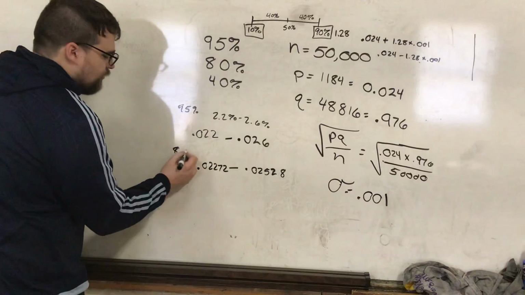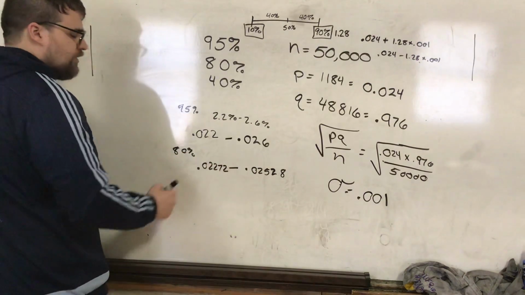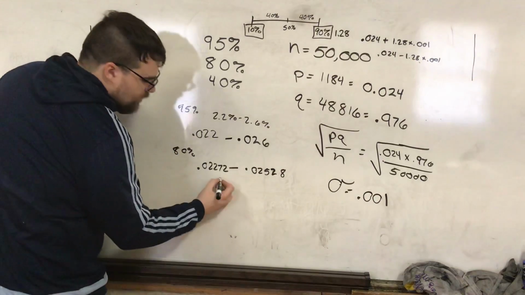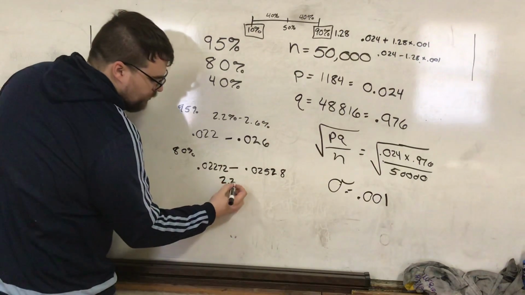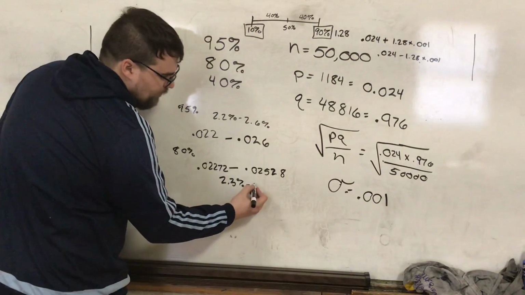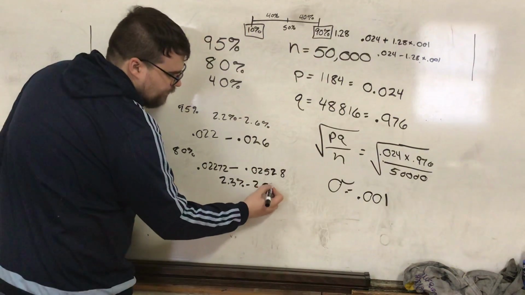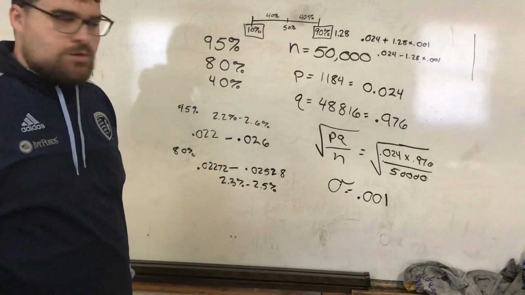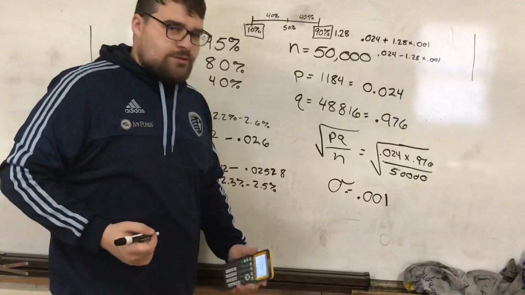So this is our 80% confidence interval. If we turn this to percentages, we get about 2.3% up to 2.5%. So we're a little bit smaller range now. Let's see what the 40% does.